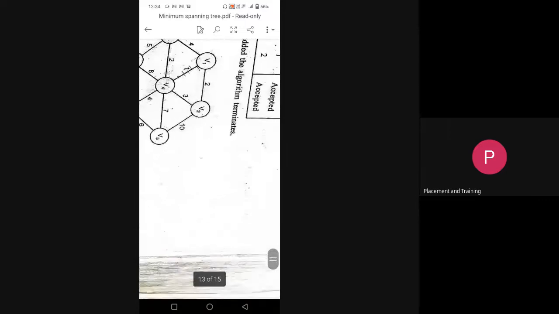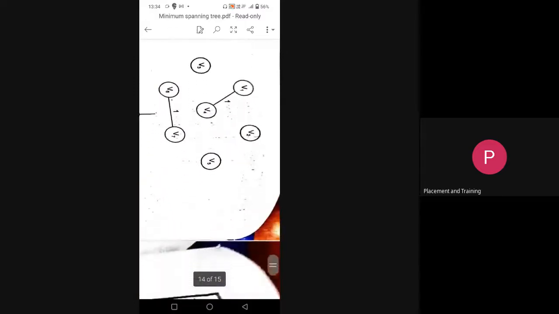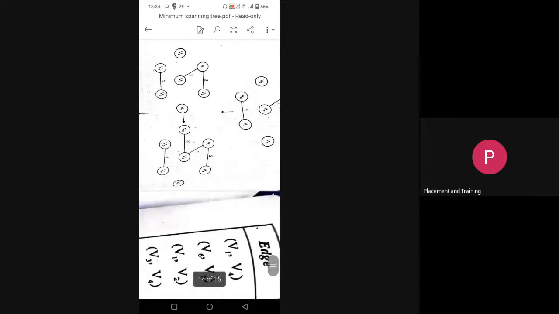So what is the next minimum value which I'm going to have here? 1 is over. Now I'm going to have 2. Which is going to be 2? The one between V1 to V2 or V3 to V4. I can do the connection like this. So I finished my 1, and the next one comes here.